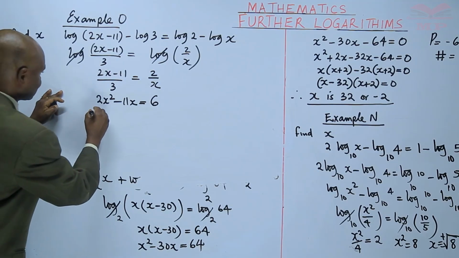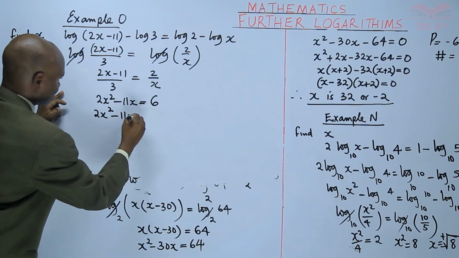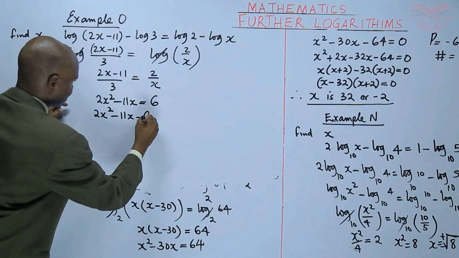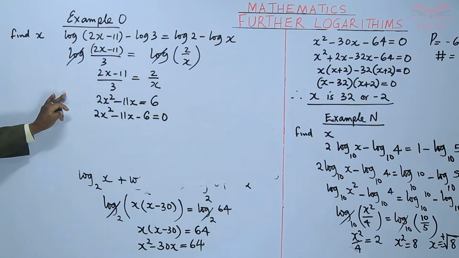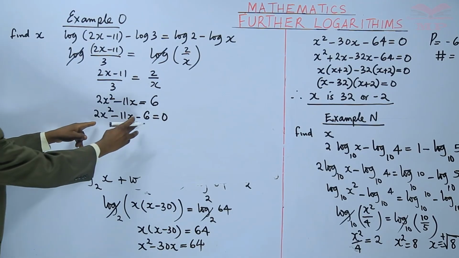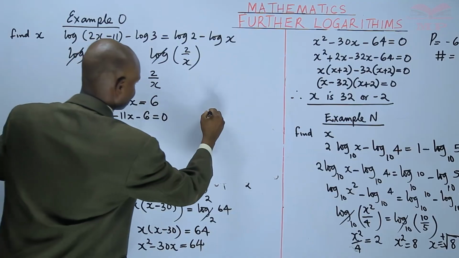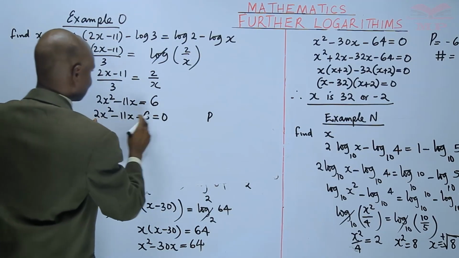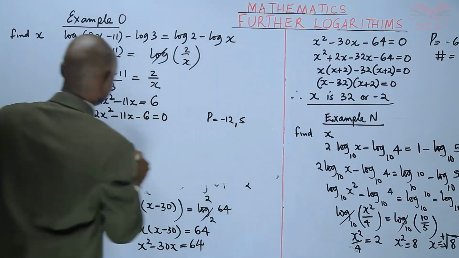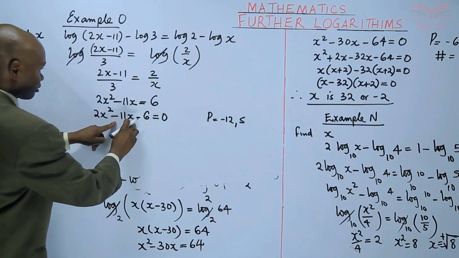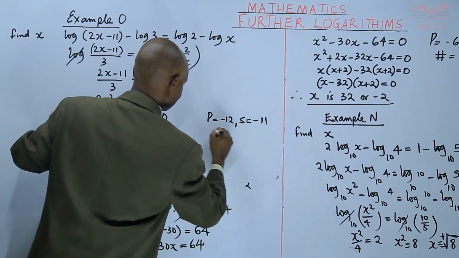I rearrange: 2x squared minus 11x minus 6 should give me 0. The product is this coefficient times that coefficient, 2 times minus 6, which is minus 12. The sum is the coefficient of x, which is minus 11.